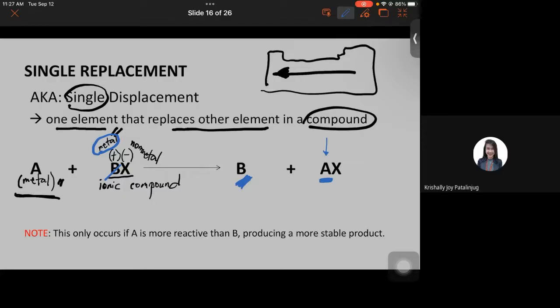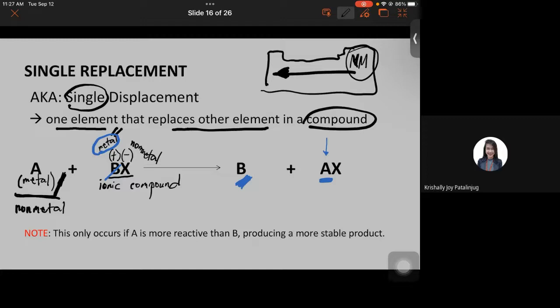Okay? Another way, single replacement may also happen if this is a non-metal. Possible din na yung single element is in a non-metal form. So what are examples of non-metal? Non-metals are found here on the upper right portion of the periodic table.